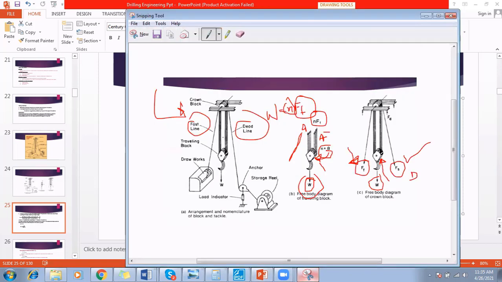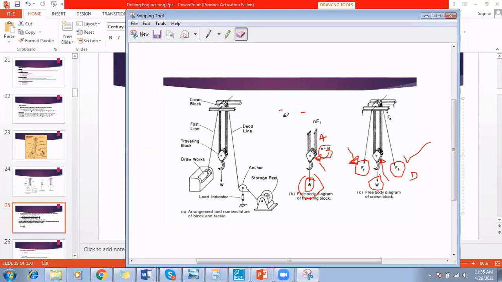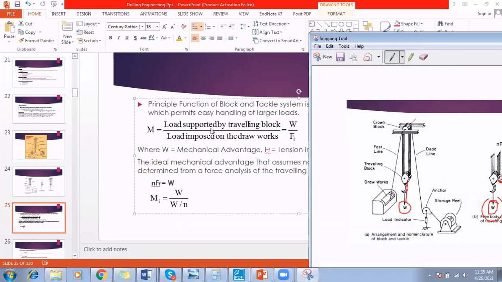Now let me clean this image. Okay. Now here you can see that this is the load that is actually lifted by this traveling block. And what was mechanical advantage? Mechanical advantage is the load imposed on the drawworks and the load supported by the traveling block. So here you can see that W is the load that is supported by the traveling block.